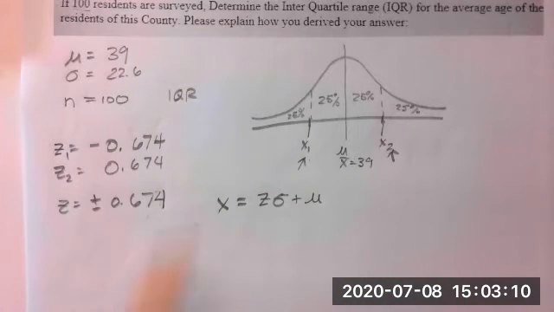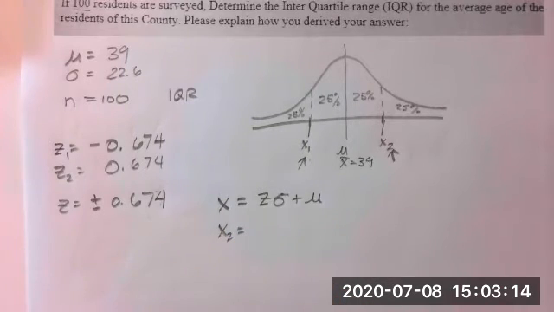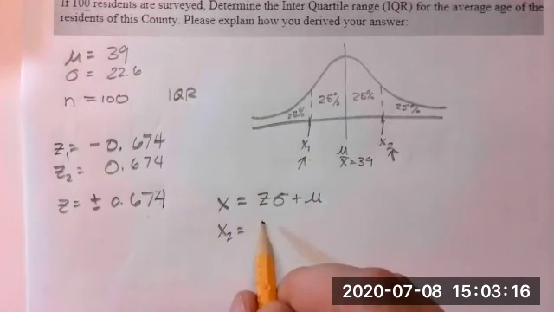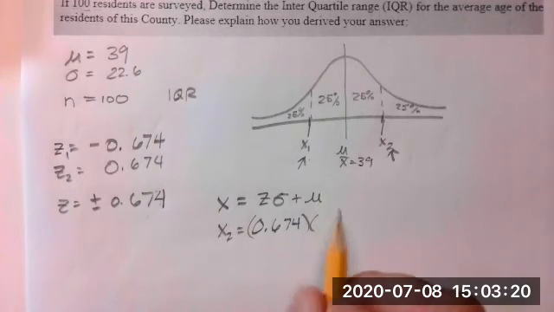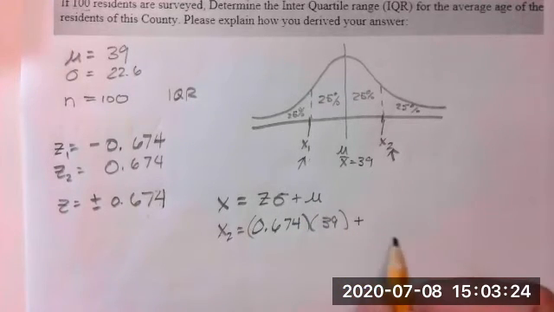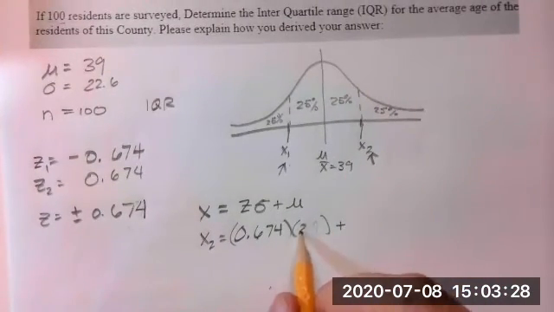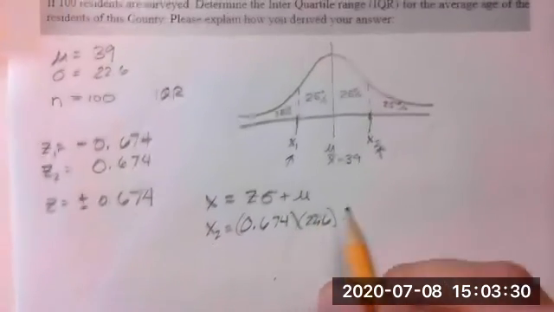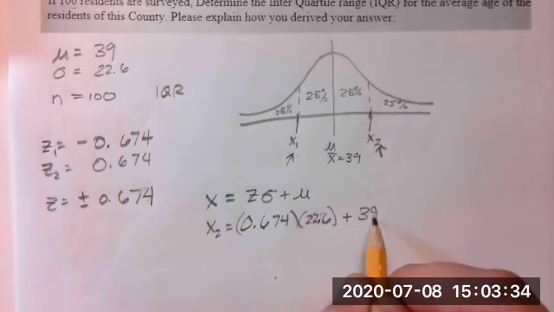I'll have two of these. x2 is going to be 0.674 times my standard deviation, which is 22.6, plus my average, which is 39.